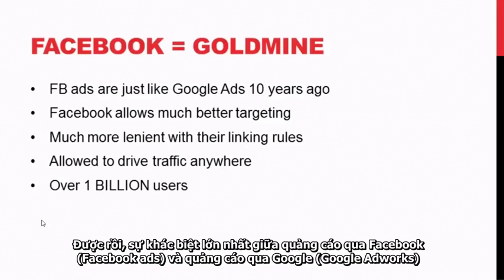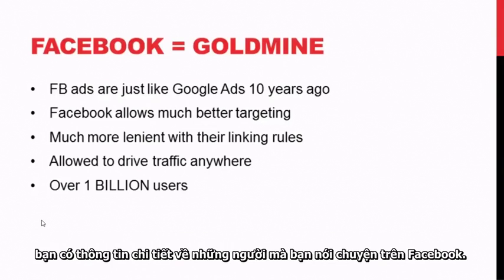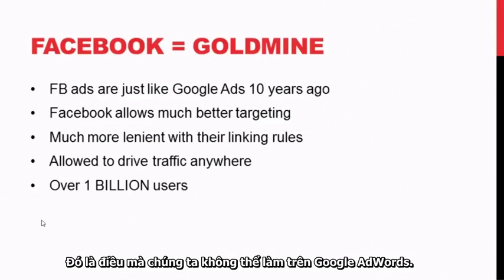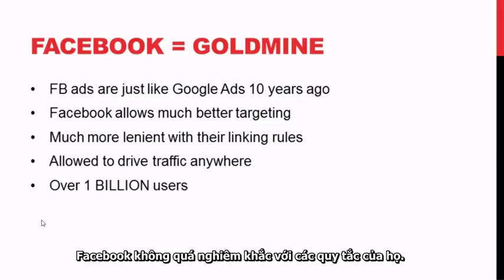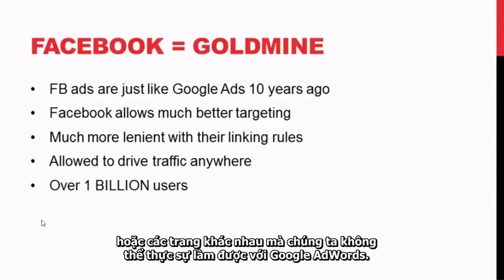All right, what the main difference is between Facebook and Google AdWords is, for one, on Facebook you can do a lot better targeting. Okay, we can get really detailed with who we target on Facebook and some things that we can't do on Google AdWords, for example. Also, Facebook is a lot more lenient with their rules. With Facebook, we can link directly to affiliate offers or a bunch of different pages that we can't really do with Google AdWords.